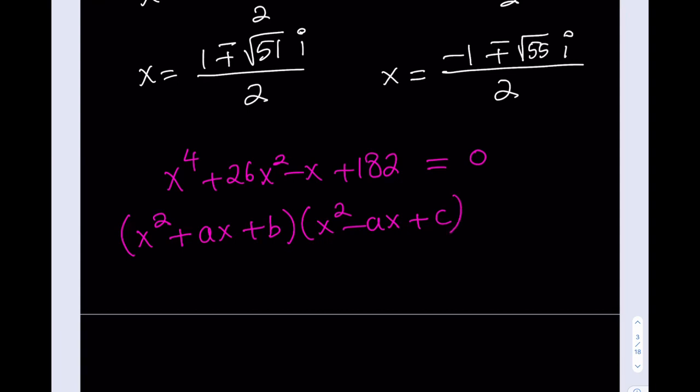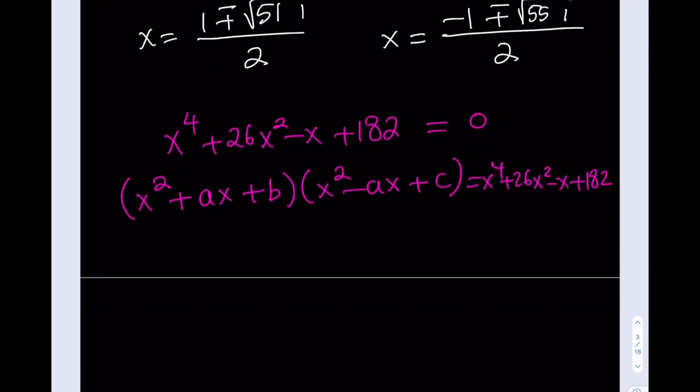And I want this to equal my expression, x to the fourth plus 26x squared minus x plus 182. If I'm able to do the factoring, then I can solve each quadratic, which we actually already did, right? But let's go ahead and just play it out.